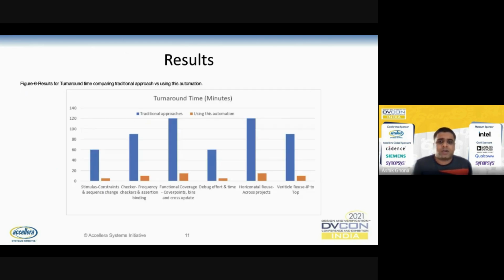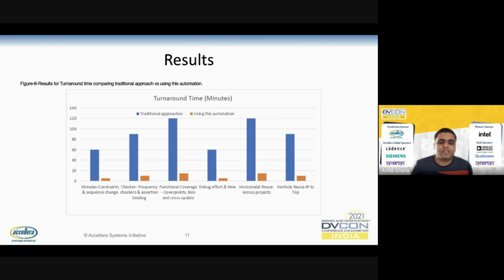By using this automation, we are gaining a significant amount of effort, which would have been spent if this methodology did not exist. So this blue bar is showing the traditional approach, and the yellow bar is showing how much time or effort we could reduce using this methodology.